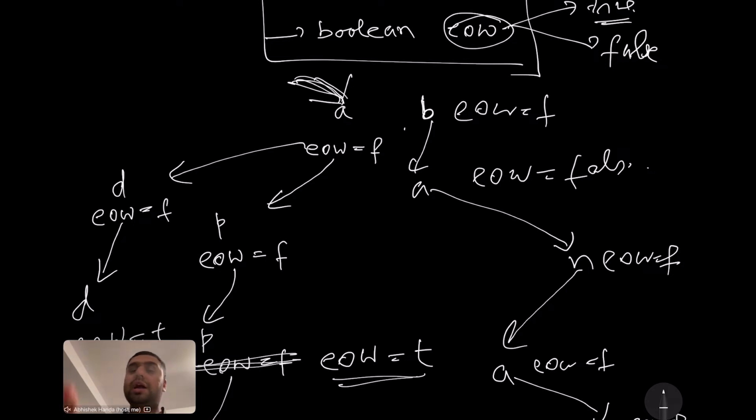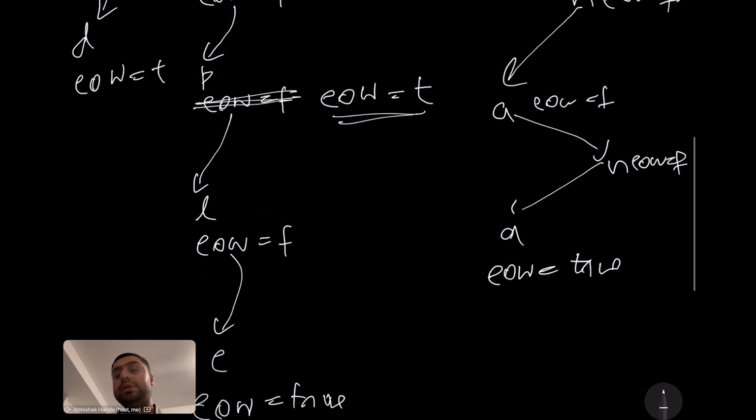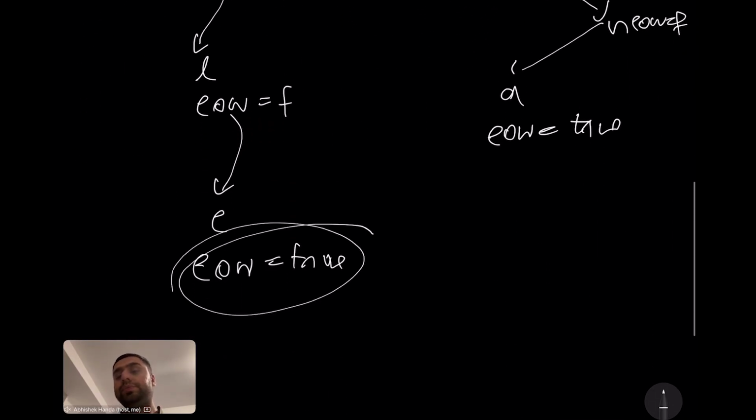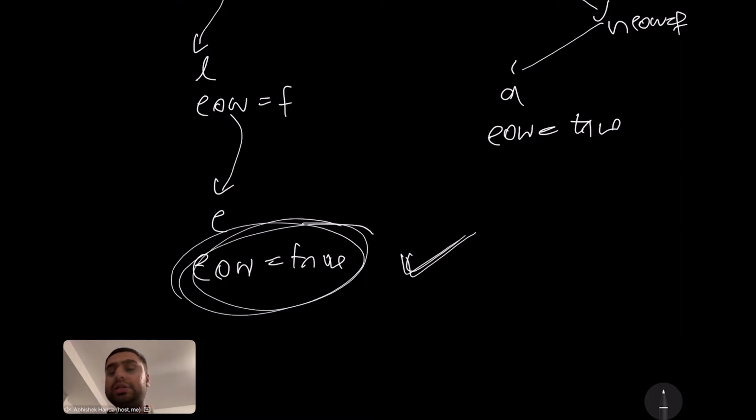So we'll start from here and iterate this tree. If we reach a node for which end of word is true, then it's surely a valid word in our dictionary and we are going to return true. In all other cases, we are going to return false because that word is not present in our dictionary or in our trie data structure. So that's what he's expecting with the search API.